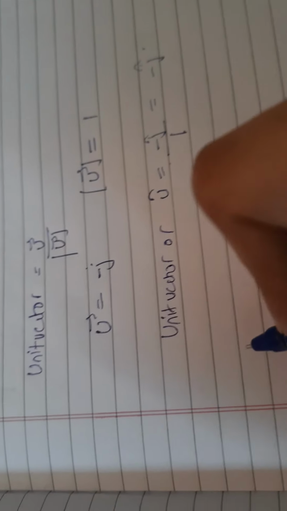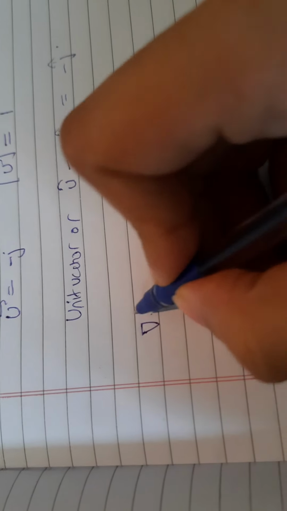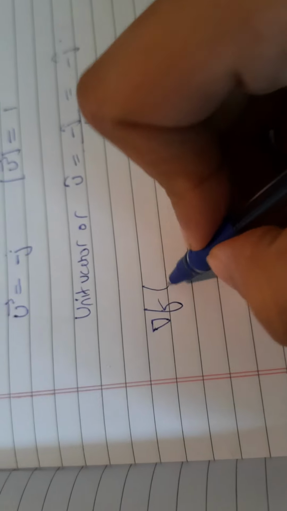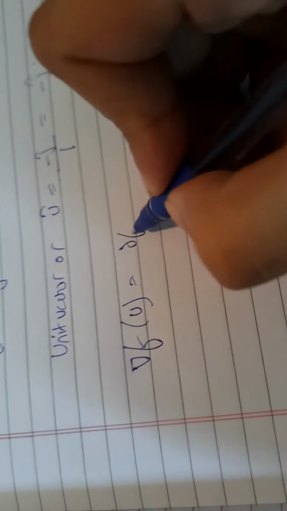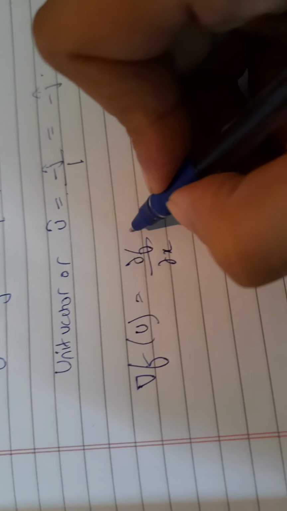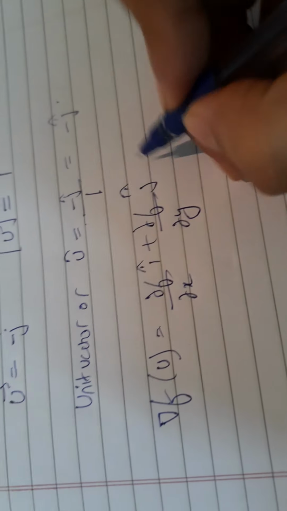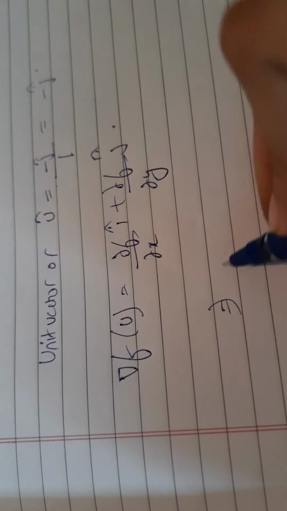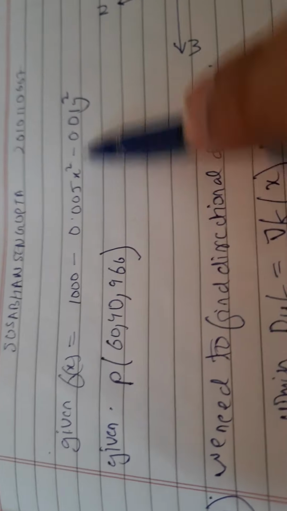Now we have to find the gradient. The gradient formula is del f by del x i cap plus del f by del y j cap. So we have to find the partial derivatives of this function.